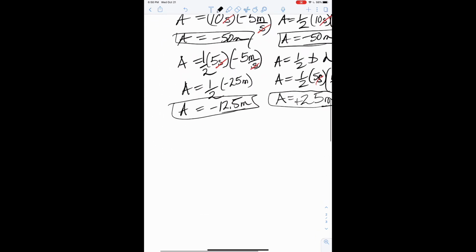All right, so the area of this triangle is equal to 1/2 base times height. Area then is equal to 1/2. The base was, we said, 2 seconds. The height we said is 2.5 meters per second. All right, we'll go ahead and cancel off seconds. So far so good.